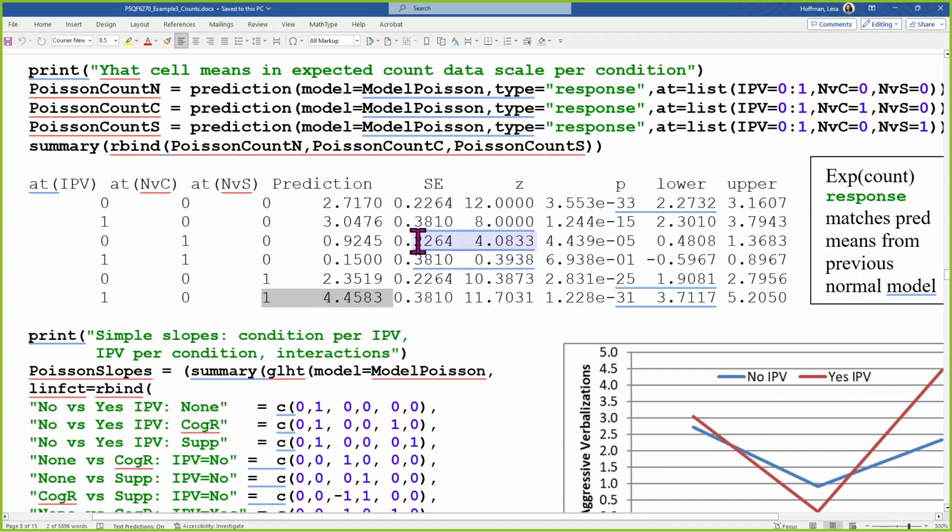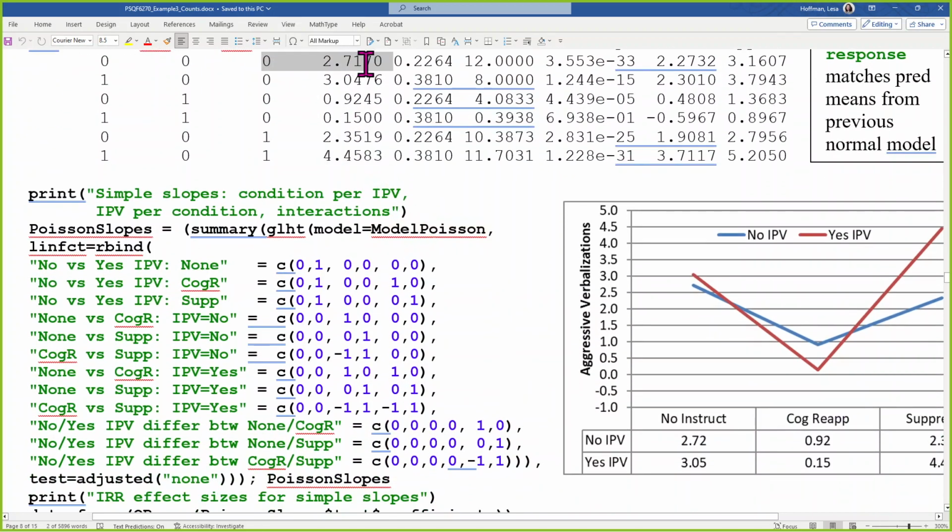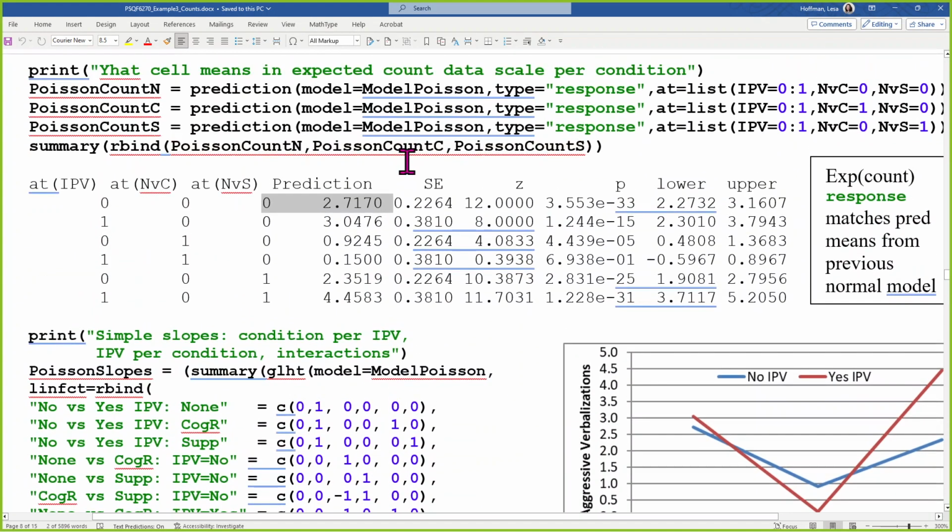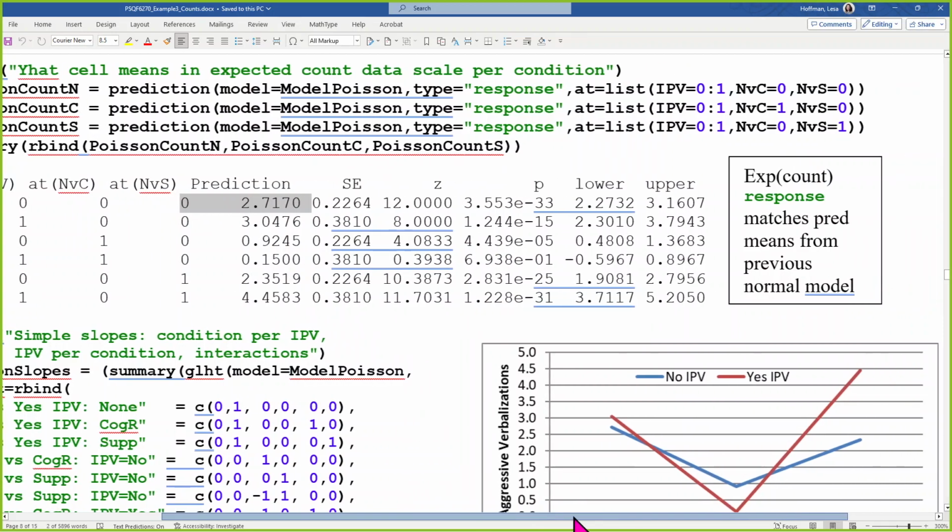So I'm making this point to keep in mind, these are expected counts. These are not raw counts. Raw counts are only integers, but expected counts can be in between. So that's why I keep saying expected count. And if you're like, can you just say count? It's fine. If you just want to say count, I'm fine with that. This is a distinction that I don't know that it matters as much, but I'm trying to say it correctly.